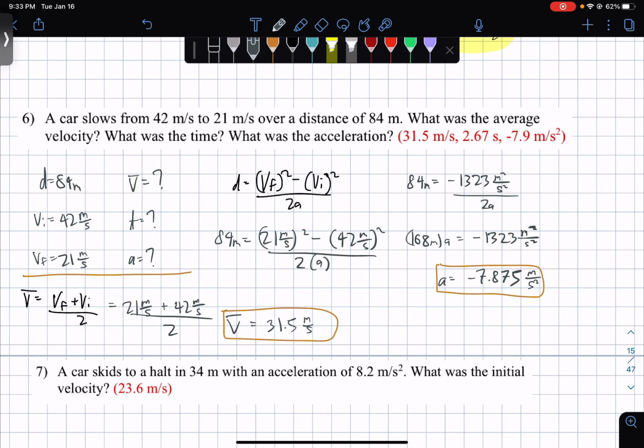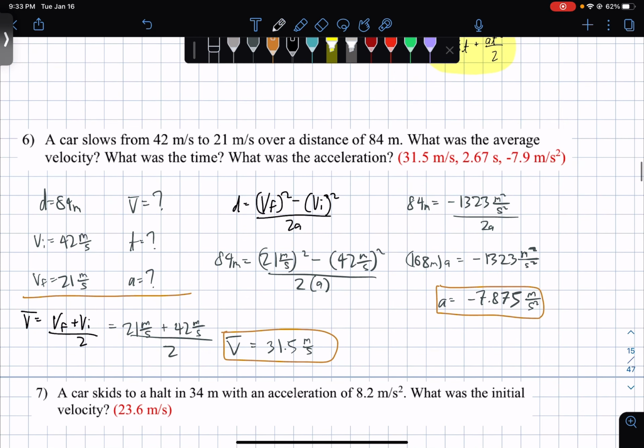Let's solve for the time. Time is equal, let's use d is equal to VIT plus AT raised to 2 over 2, such that VI is 42.